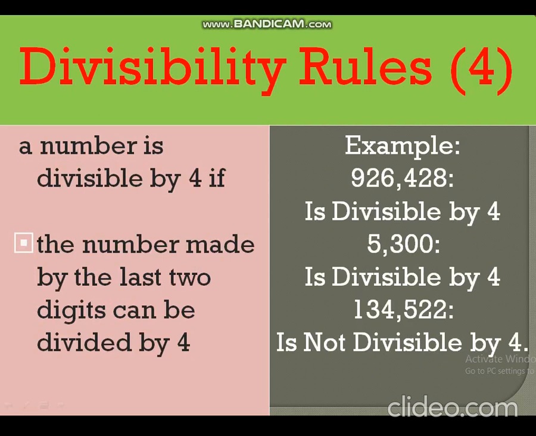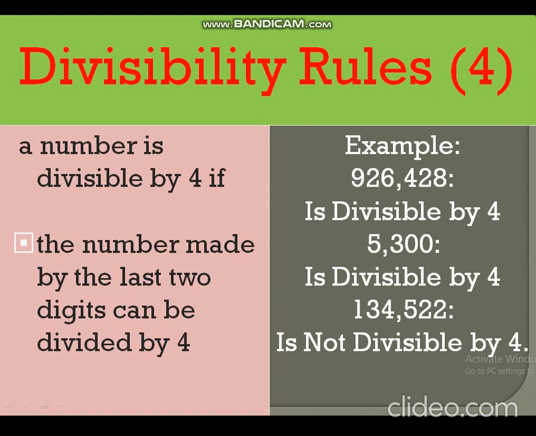Divisibility by 4. The rule is if the last two digits of a number are divisible by 4, the number is divisible by 4. The number having 2 or more zeros at the end is also divisible by 4. Now, let's take an example. Suppose my number is 26,428.